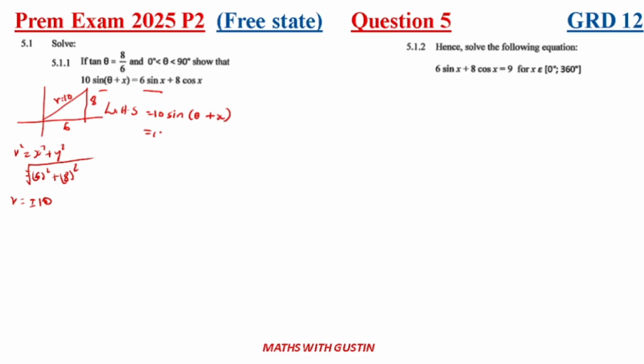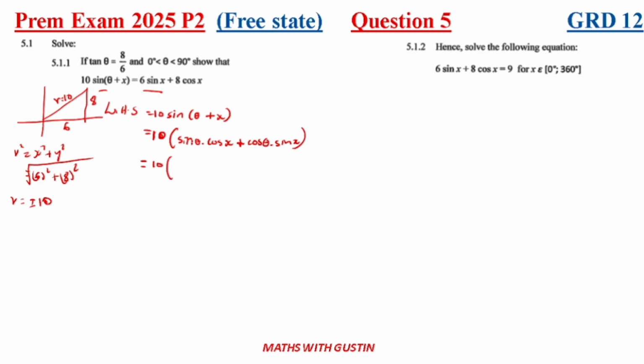So therefore we're going to have a 10 there. What we need to do now is expand this whole thing. It's going to be sine theta times cos x plus cos theta times sine x, all in brackets, times 10.